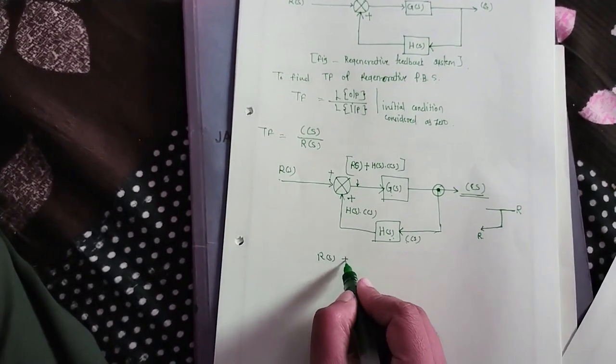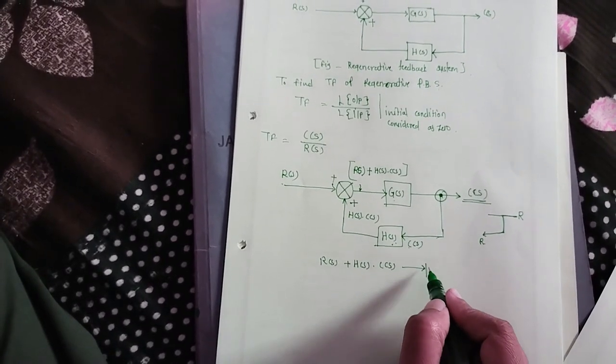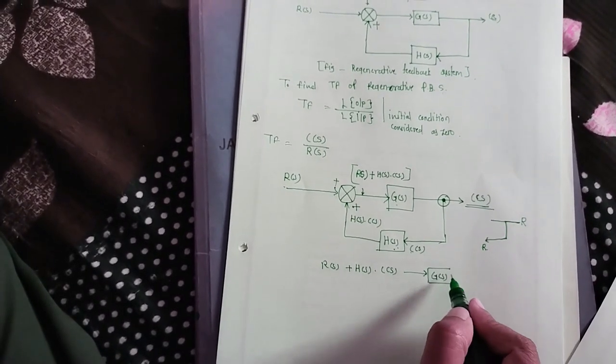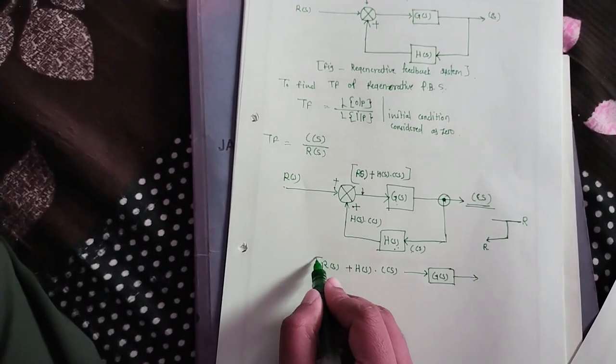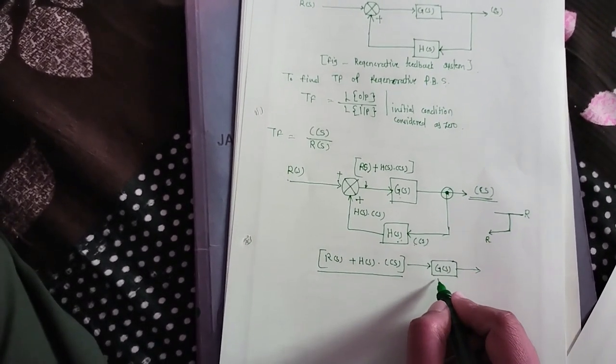This whole signal comes as an input signal to your G of S block, and this signal gets multiplied with the G of S block.